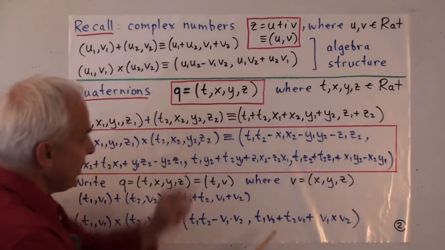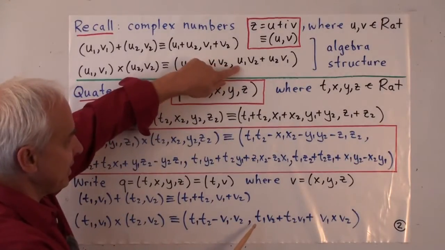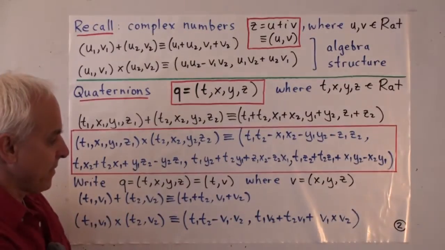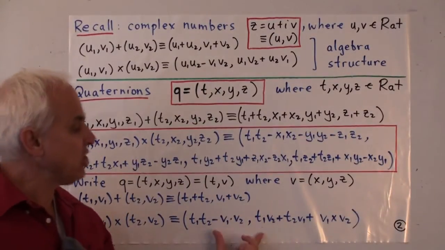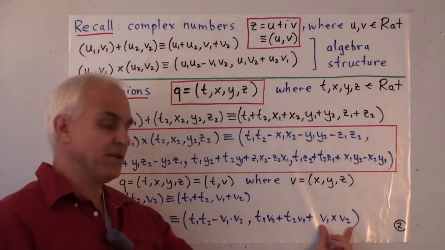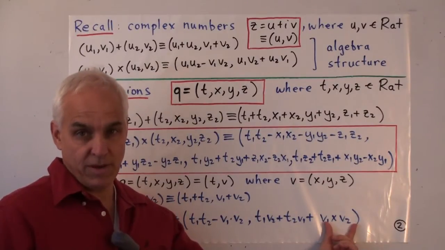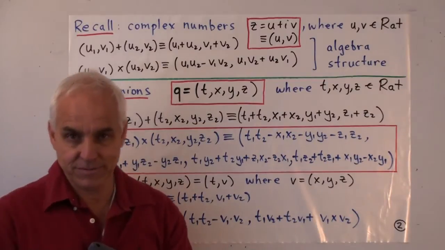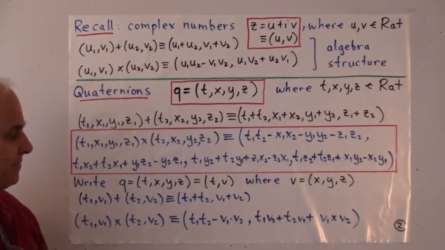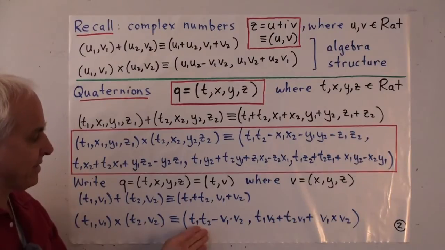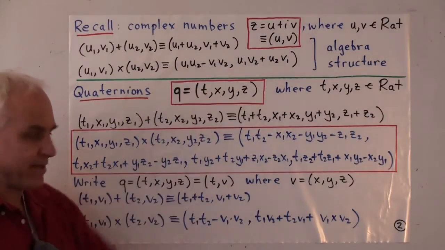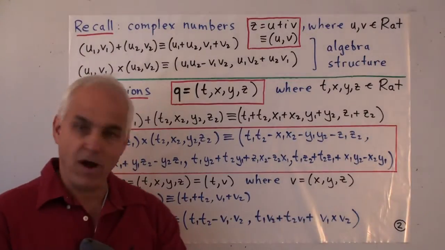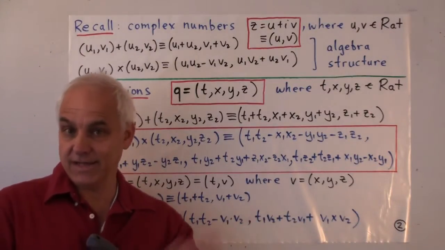And then the next entry is just like this one here, except with t's instead of u's. t1 v2 plus t2 v1. The real difference is the addition in the quaternion case of this additional term v1 cross v2, which we don't have up here. So it's a way of remembering it. It's really just like the complex number formulation with an additional v1 cross v2 term tacked on to that second component.